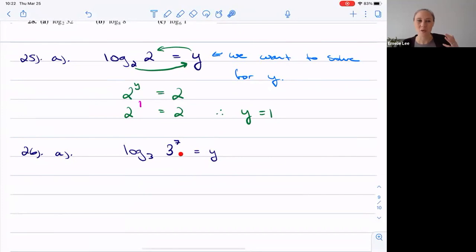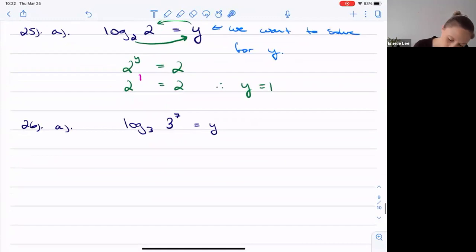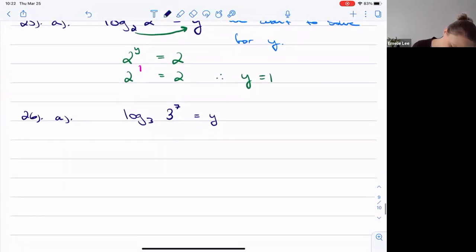I always find that going from a logarithm to an exponent is a lot easier for some reason. Probably because I can see it, right? 3 to the power of y equals 3 to the 7. Even though it's not intuitive, I can still follow that circle. And so here I get 3 to the power of y equals 3 to the power of 7. So y must be 7.